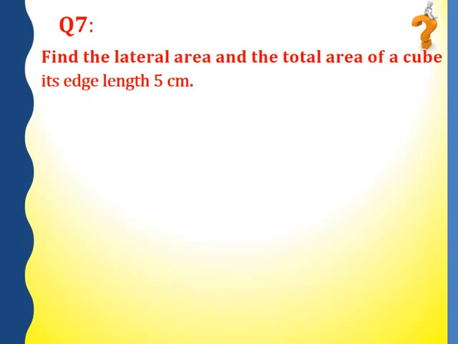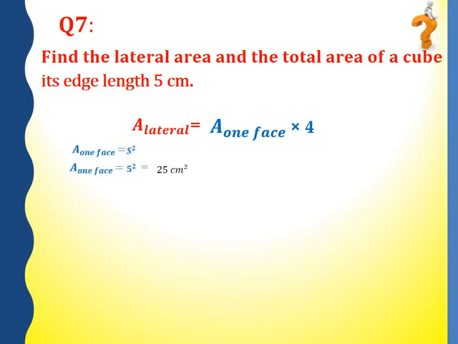Find the lateral area and the total area of a cube. Its edge length is 5 centimeters. The lateral area of the cube equals the area of one face times 4. Let's find first the area of one face, which is s squared, 5 squared, equals 25 square centimeters.